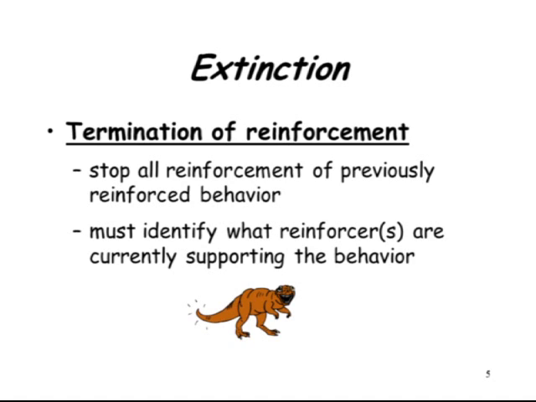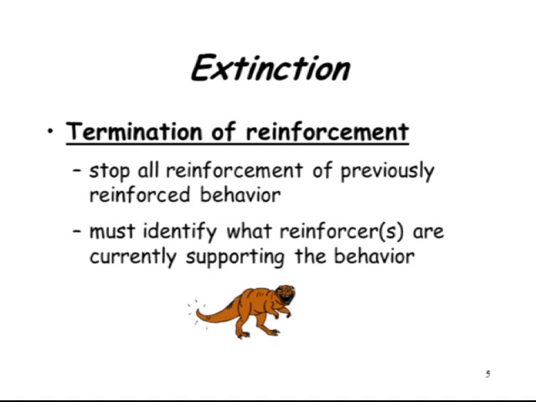If the reinforcer is something else, you can ignore that behavior all day long and it's not going to change it. For example, if the behavior is maintained by escape from demands, and you ignore the kid, but the kid also ends up escaping a demand because of the behavior, it is going to continue. If the behavior is maintained by attention from other students, your ignoring it is not going to change it.